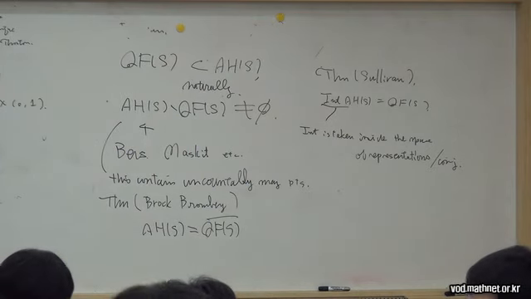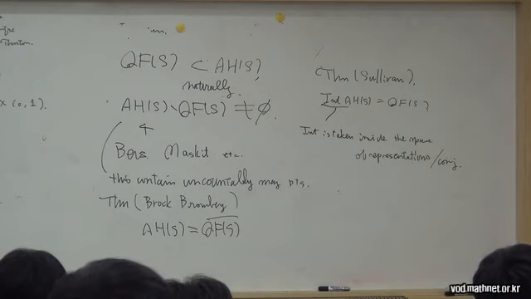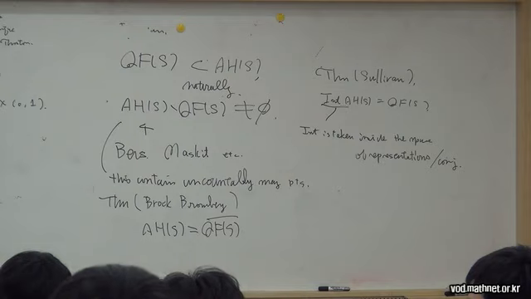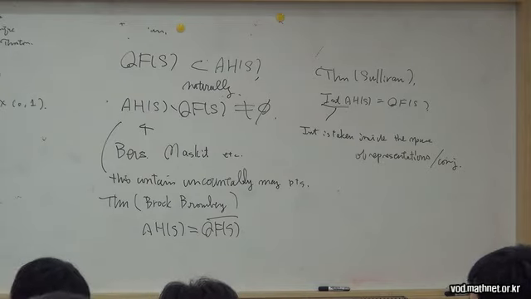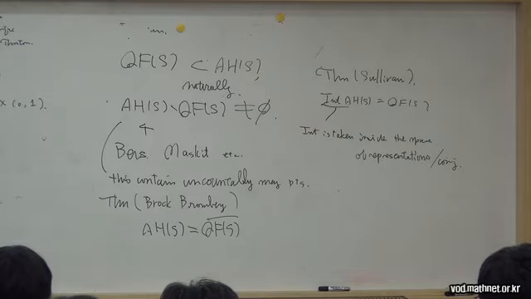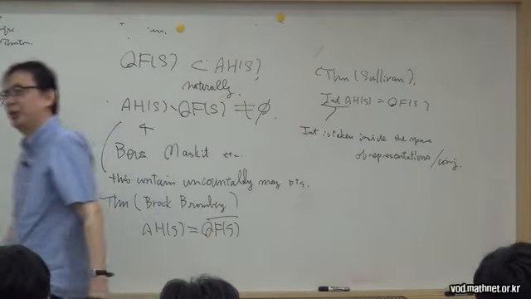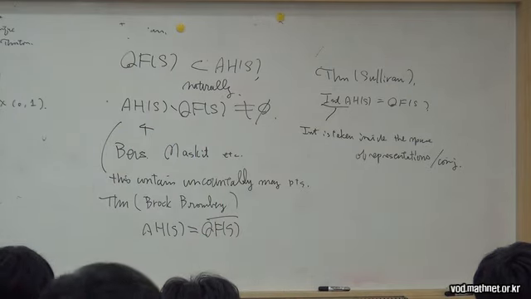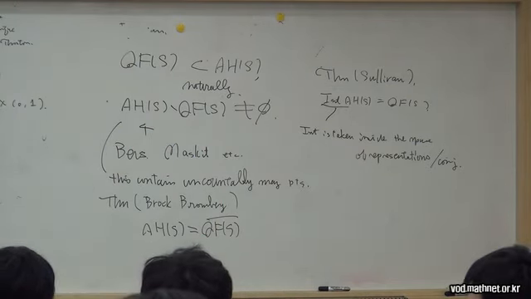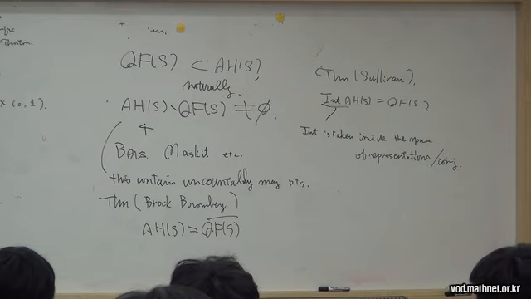Okay. Now in the remaining time. You know that QF of S is homeomorphic to a Euclidean space, but AH of S is not homeomorphic to one. Do we have some easy description of AH? No, it's very complicated.